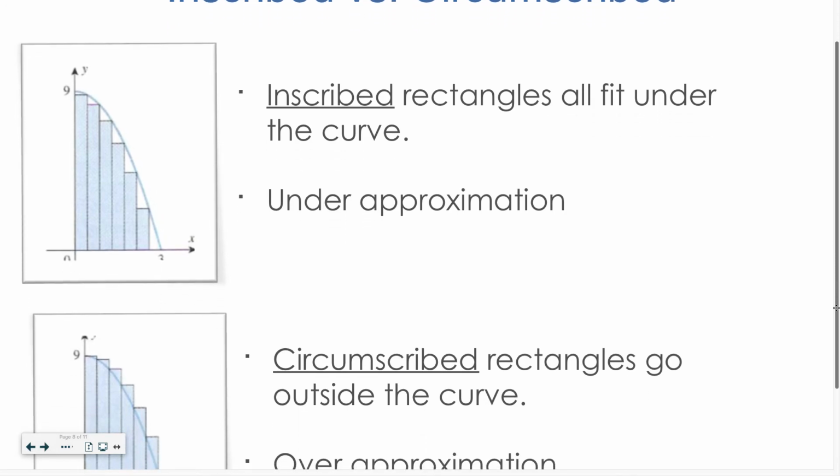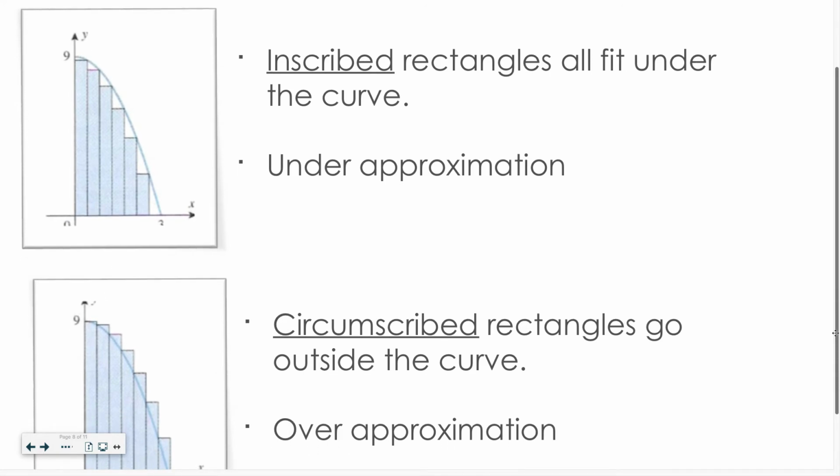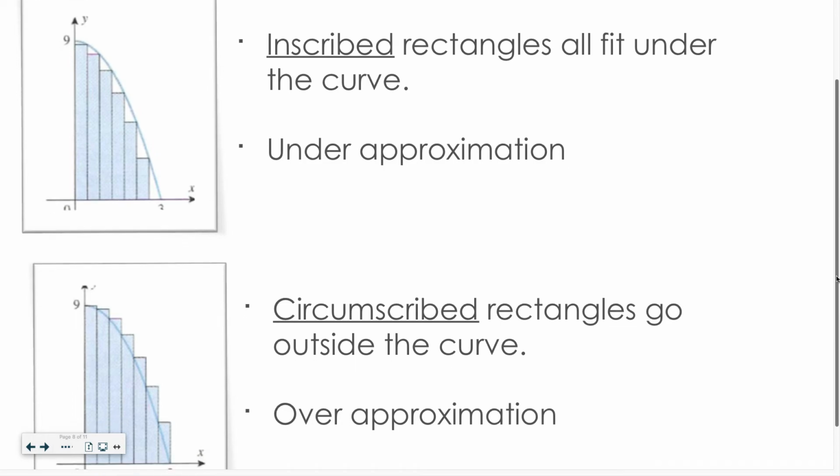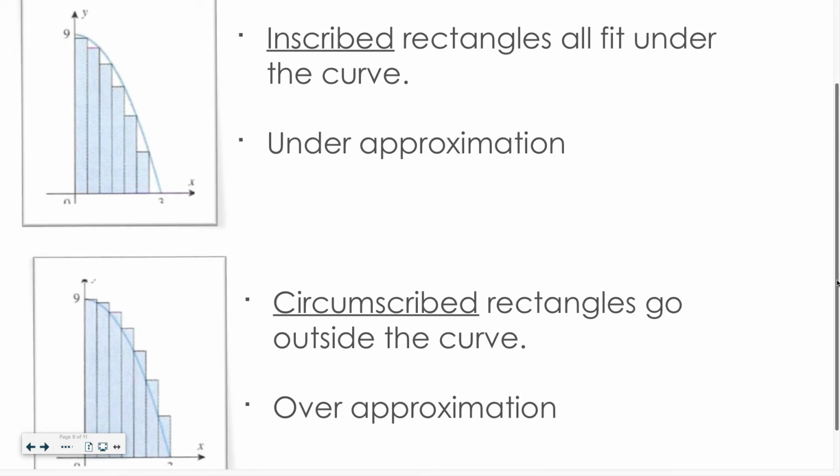So if we're going to have an under approximation, our rectangles need to fit under the curve, and we call those inscribed rectangles. They're fitting under our curve. If we want an over approximation, we want our rectangles to overflow from our curve, and those are called circumscribed rectangles. Those rectangles are like overflowing from where the curve area would really be.